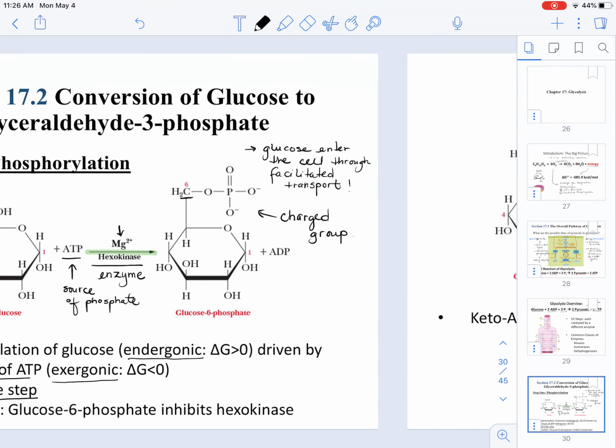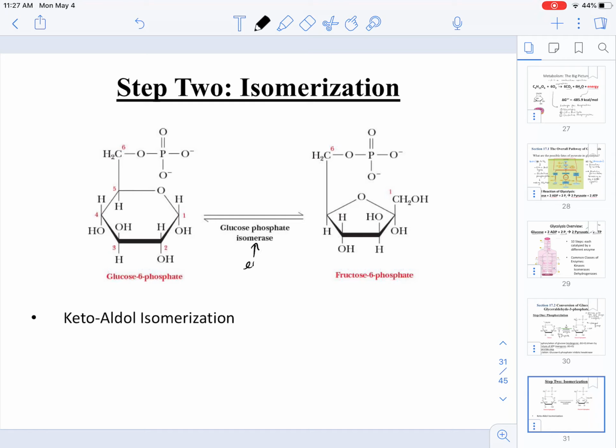The next step in glycolysis is going to be isomerization. So, as you can see, the enzyme glucose phosphate isomerase takes our glucose 6-phosphate into fructose 6-phosphate. So what does this mean?